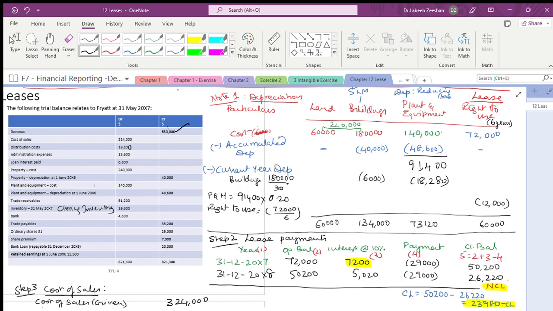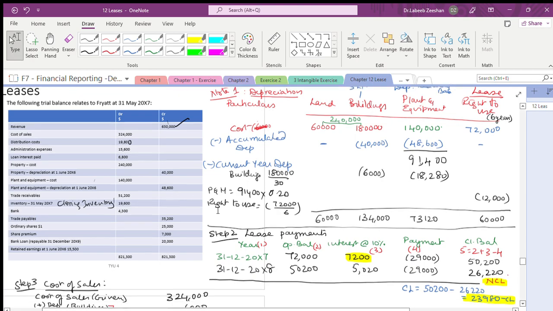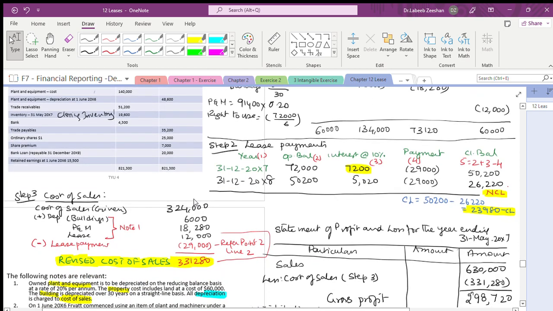Very few people will tell you this. The reason is, if it is given in the adjustment, it means it was done after 31st December. If it is given in the trial balance, it was done before 31st December. That is why we have to be very careful.